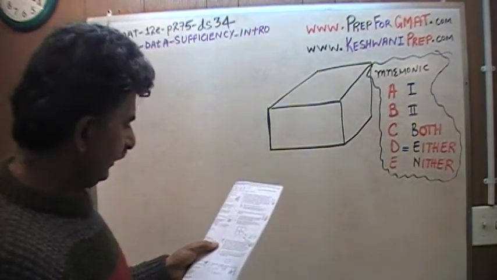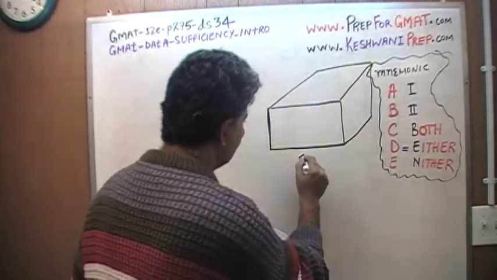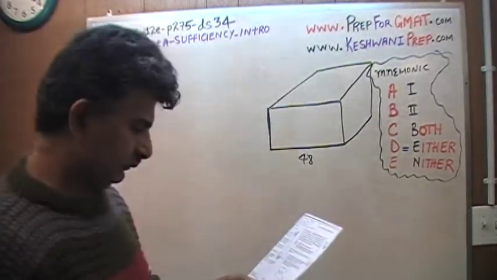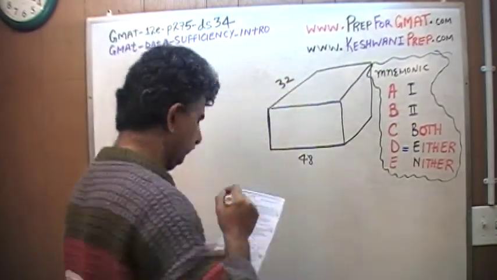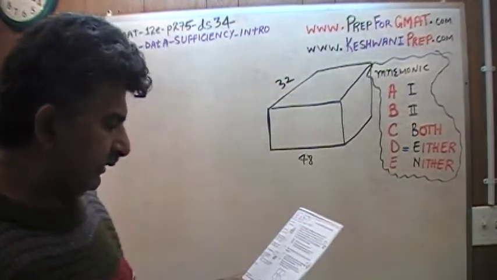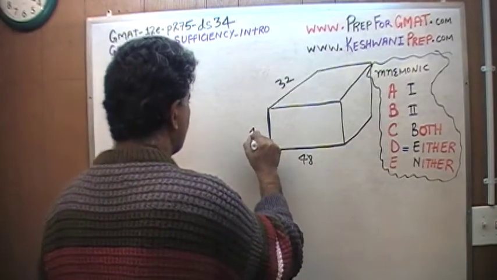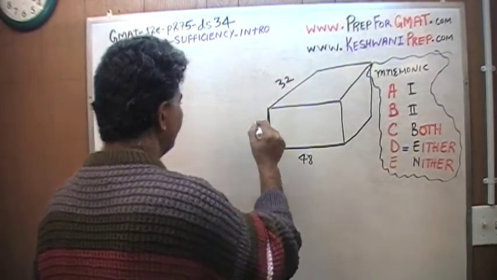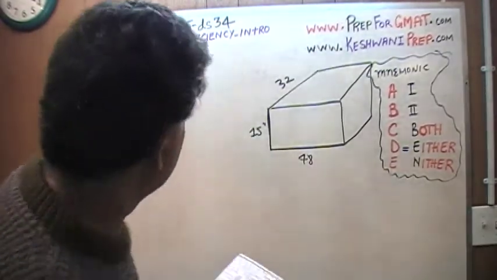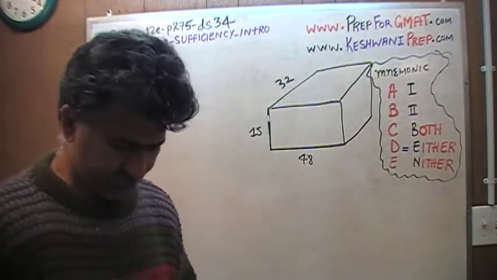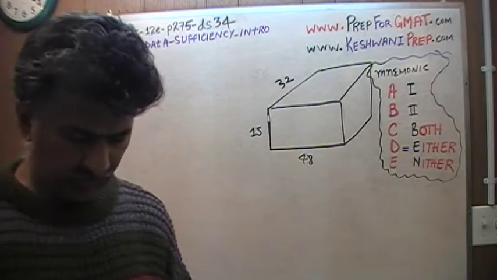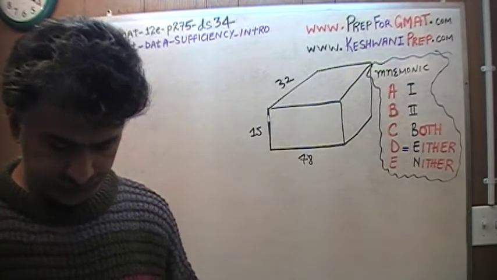And they tell us that it is 48 centimeter long, 32 centimeter wide, and 15 centimeter high. Oh, 15 centimeter, not inches. Not that it makes any difference. Units don't make any difference.